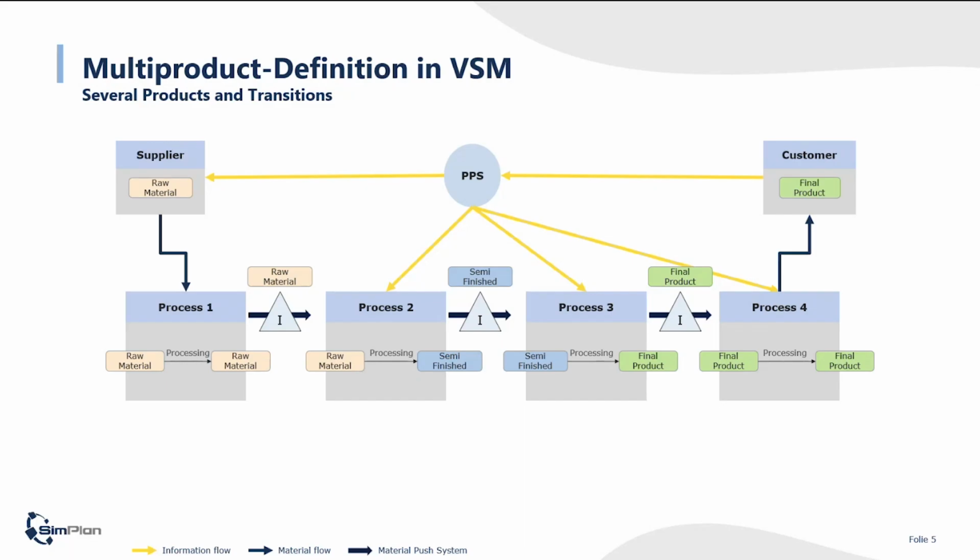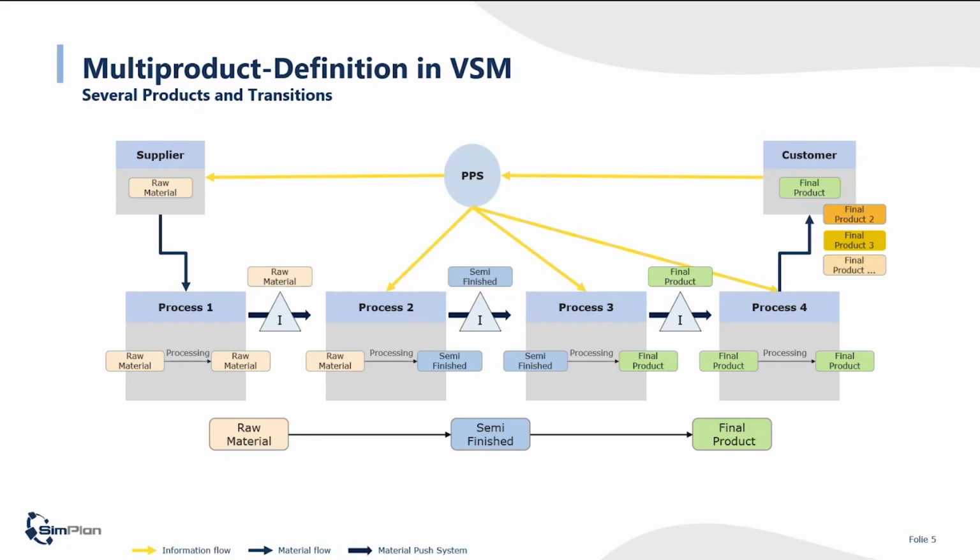And since we are all used to Plant Simulation and the more detail-driven approach of simulation, this allows us to do a value stream analysis which is product assigned. You could define, for example, a product for a customer and then product transitions in between. That might not be news to your Plant Simulation expert, but for value stream, this might be a new addition, to have not only product transitions but also parallel product definitions.